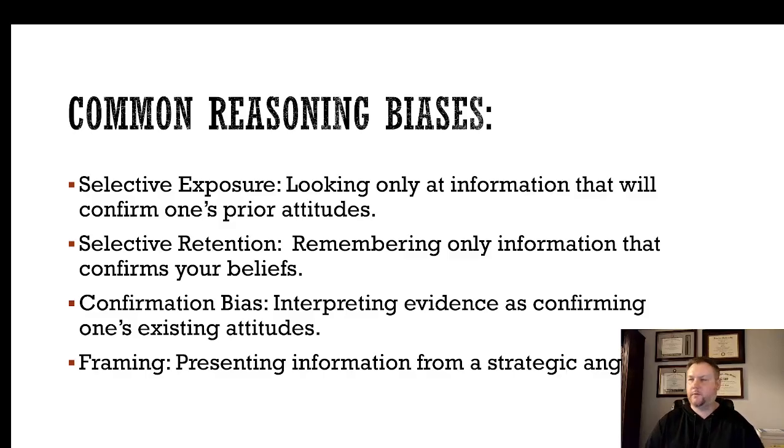Selective retention. Now, this is a lesser known one, but what this is basically dealing with is we also tend to only remember information that confirms our beliefs. It's crazy, right? So let's say you could believe A or B on an issue, and you believe A, and you get three pieces of information that tell you A. Like, they kind of confirm A is true, right?